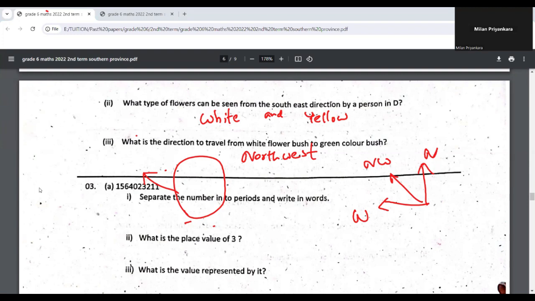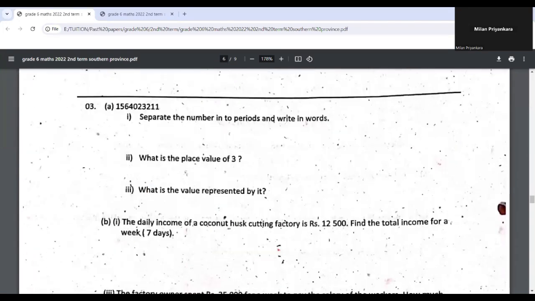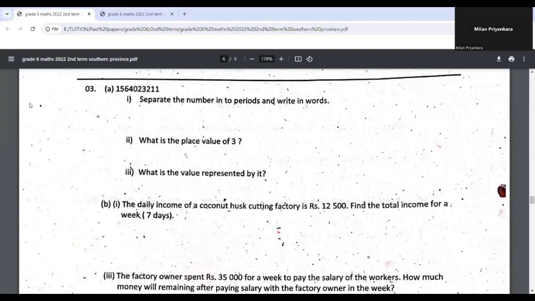And let's go to question number 3, right? In this one, you need to separate the number into periods and write in words. So I will separate first. This is into threes, right? Into 3-digit periods. So you have to start from the right side.